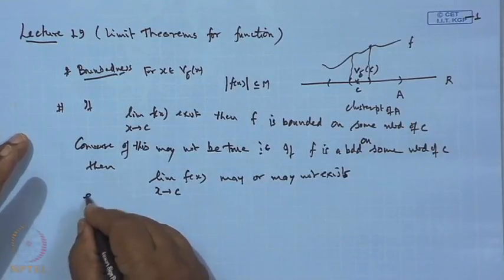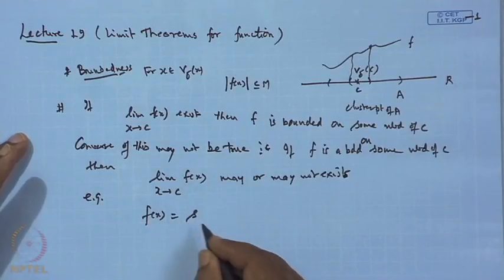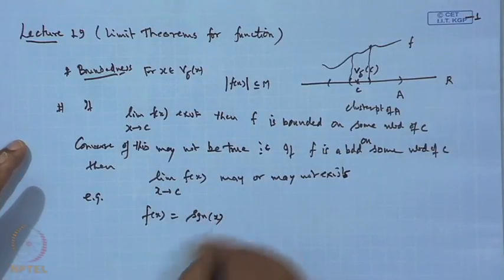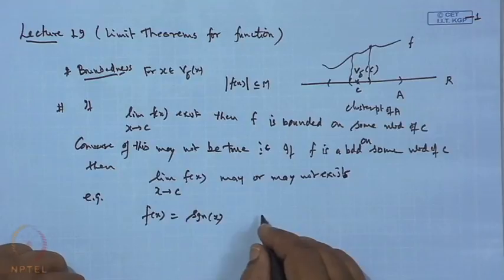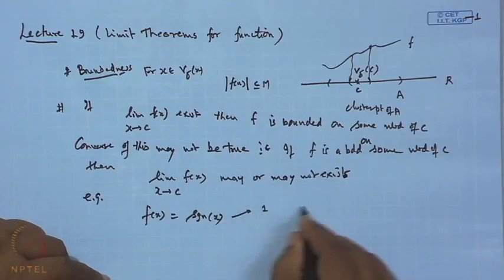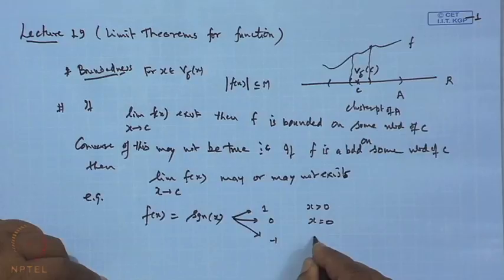For example, if we take the function f(x) as signum of x, which we have already discussed, we have seen that signum x has value 1 when x is greater than 0, equal to 0 when x is 0, and has a value minus 1 if x is negative.